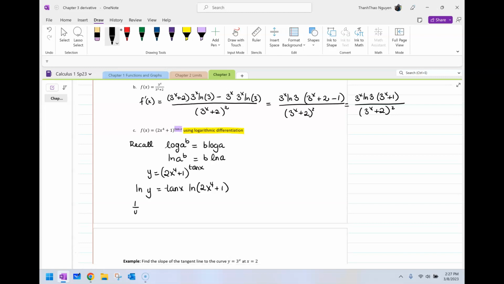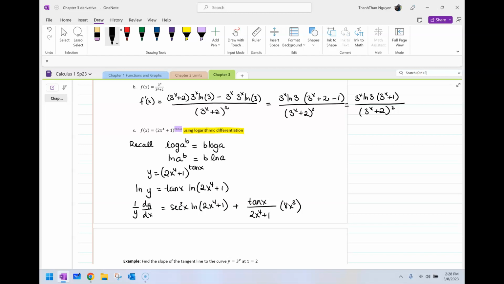So 1 over y times dy dx is equal to the derivative of tangent, which is secant squared of x, times ln of 2x to the 4 plus 1, plus tangent of x divided by 2x to the 4 plus 1 times 8x to the third.